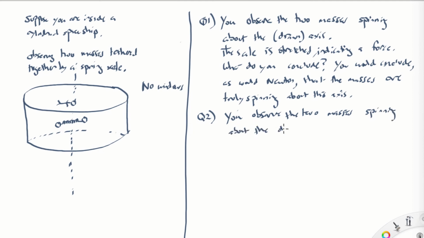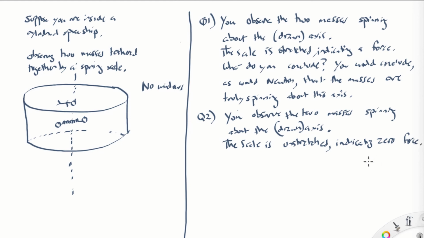So that's the same as before. But when you look at the scale, you find that the scale is unstretched, indicating no force. So the scale is unstretched. There's no tension in it, indicating zero force or zero tension in that string. What do you conclude?